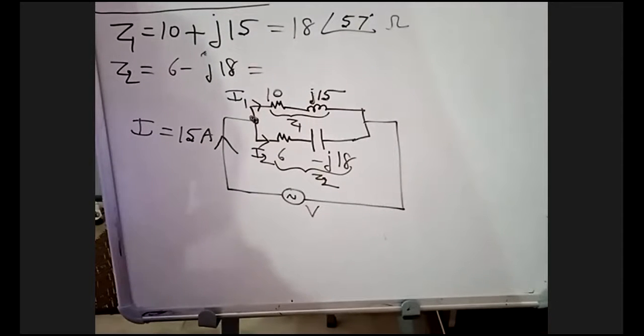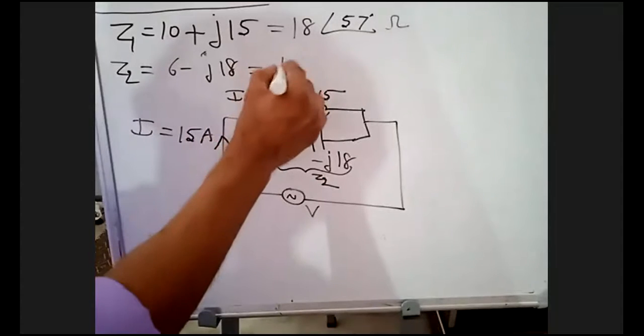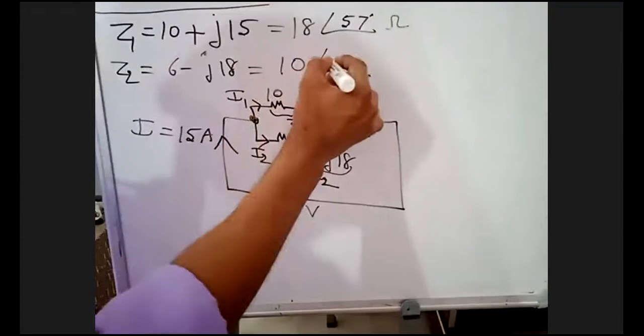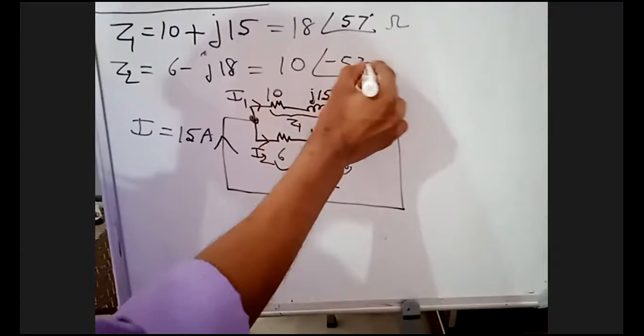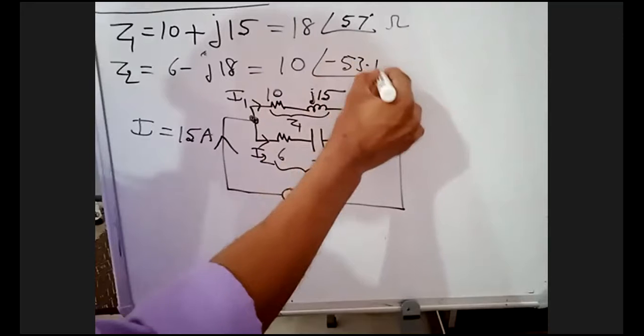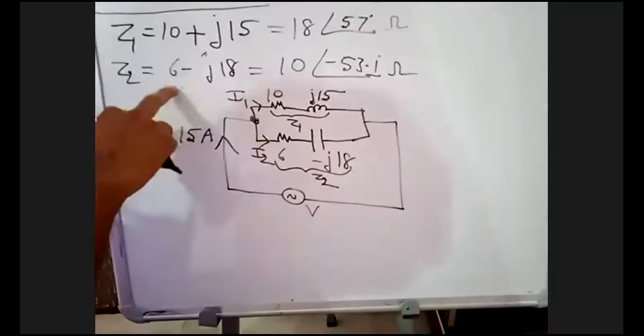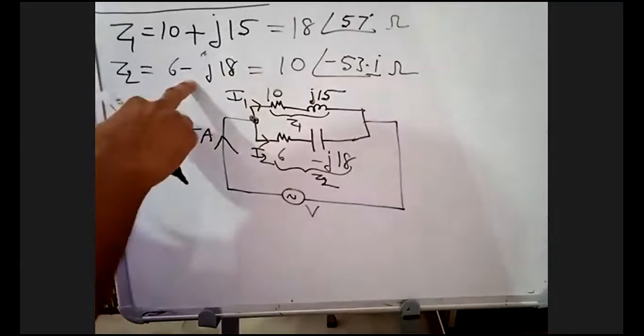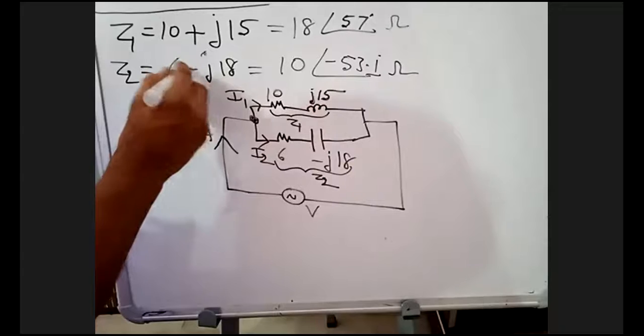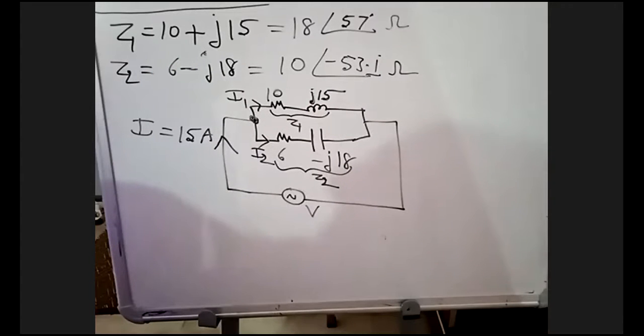Now, what is Z2? See here, POL 6, minus 18. Are you getting this?